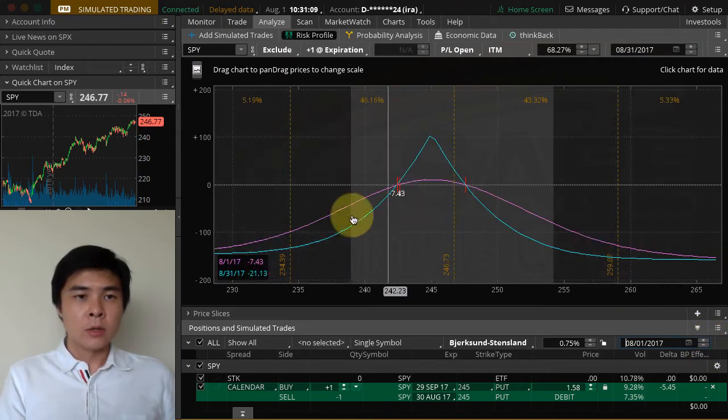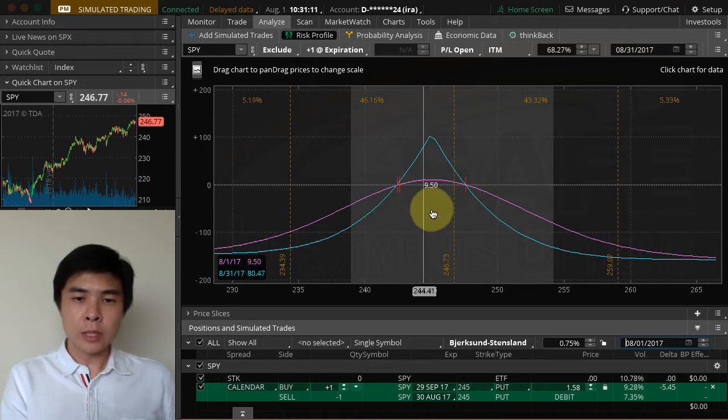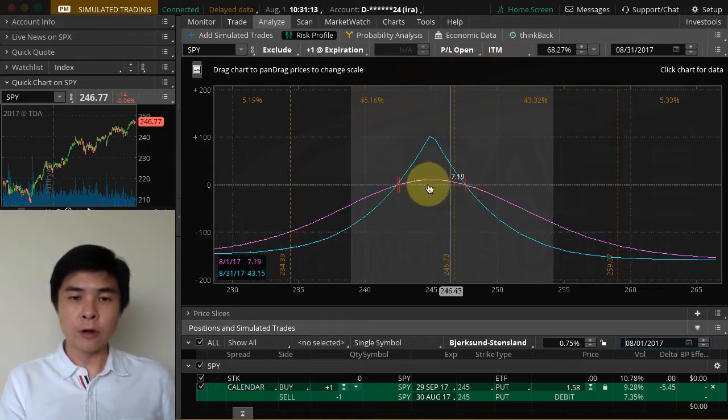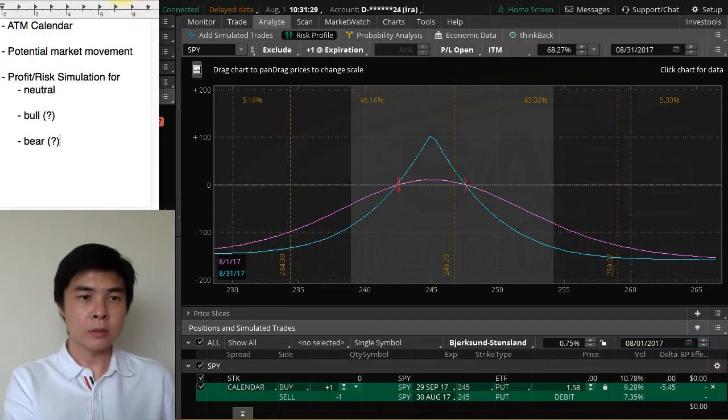Before it expires, it looks like this. Right now, we understand that this is the range. Of course, we know the very basic break-even points are at these two prices. So the break-even of the calendar is at 247. Let me just write it down.